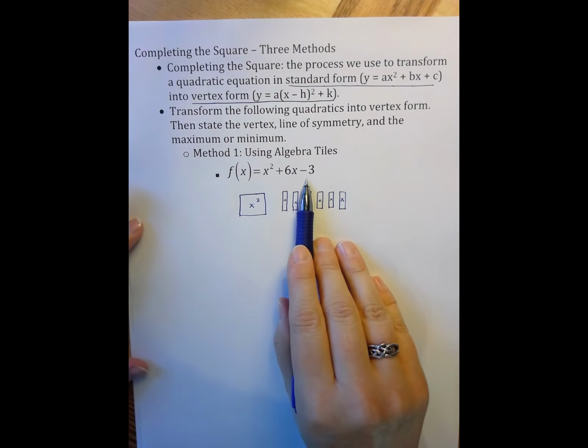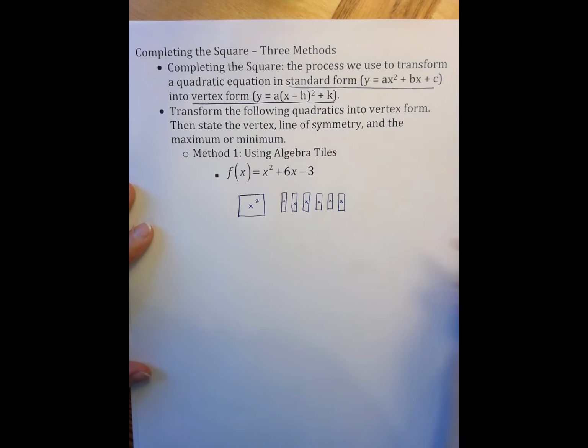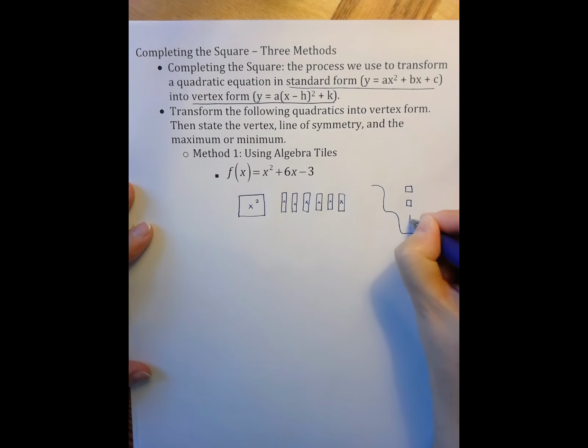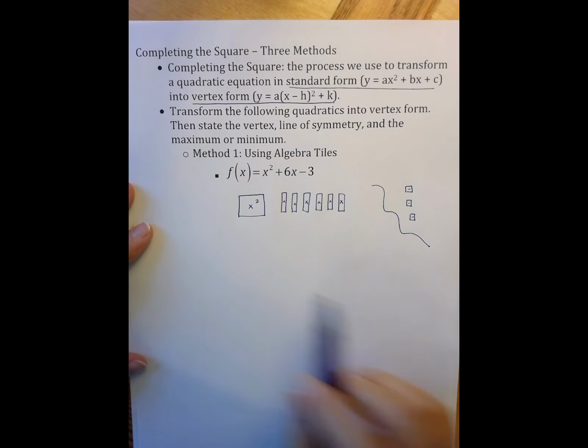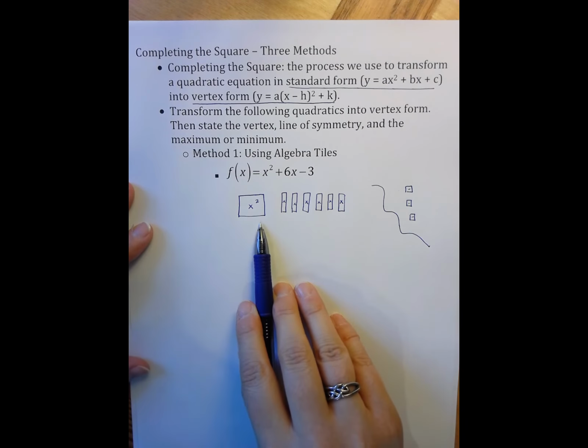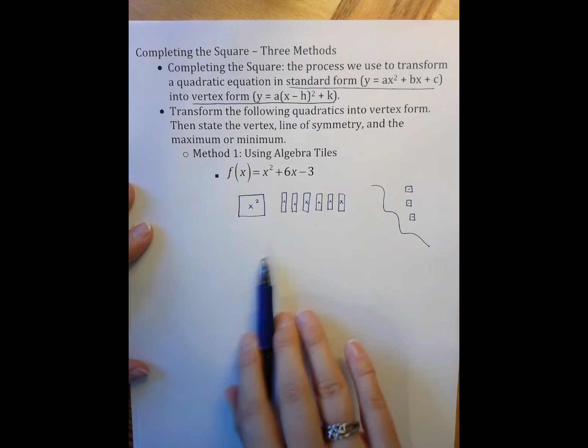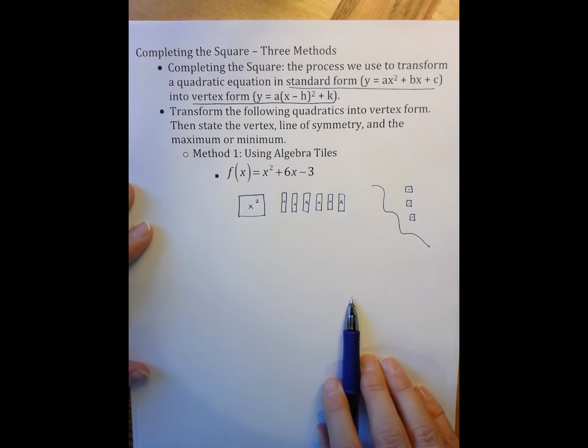And then we have minus 3 tiles. So I'm going to kind of put that over here, and I'm going to say that I have these 3 unit tiles, but that actually I owe them. I owe them to the pile. So when I start making my square, I don't actually have these to put into my picture.